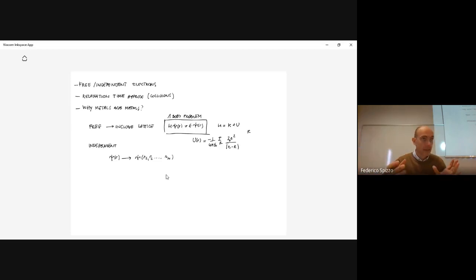So the single wave function needs to include the contribution of all the electrons.